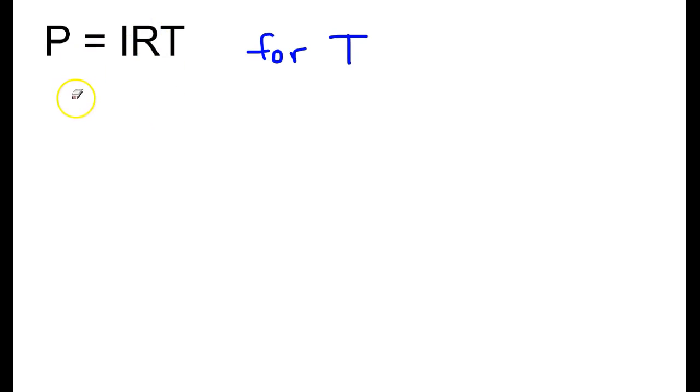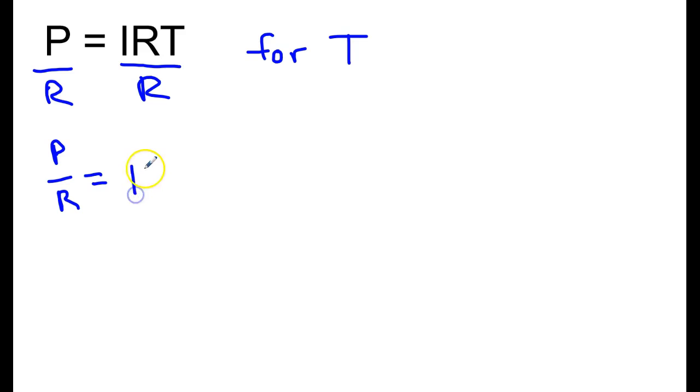Let's try this one more time. Instead of dividing by T, we're going to divide by R. Get rid of that R at least. Now we have P over R equals IT.